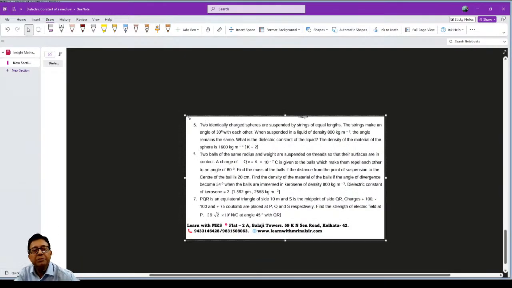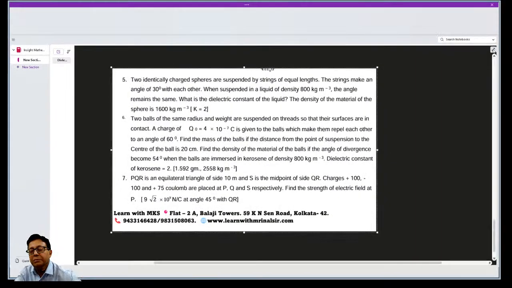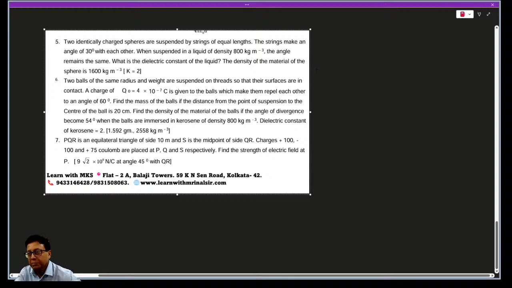You avoid the confusion. Distance becomes 1 by root 2. State is reduced to, it has become r dash equal to r by root 2, no?